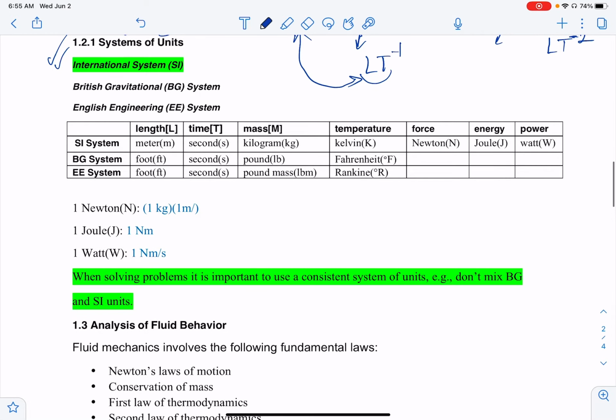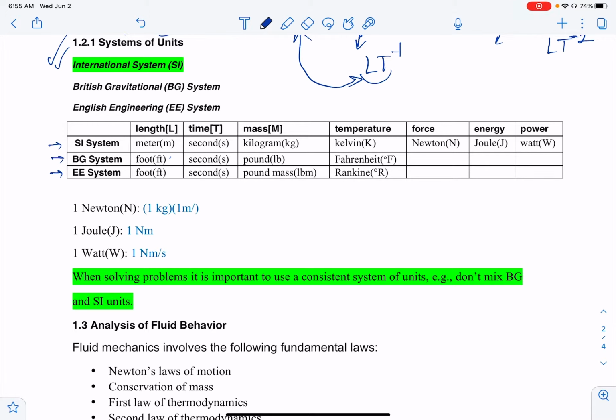If we compare them, the length in the SI system is meter, and in the other two systems it is foot. The time is second in all three, and the mass is kilogram in SI and pound in the others.